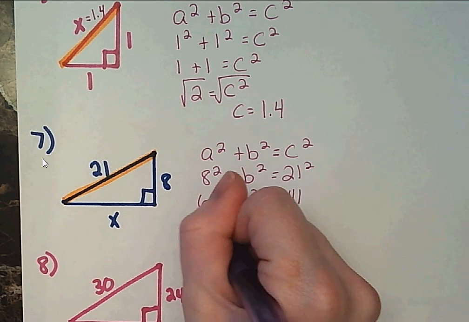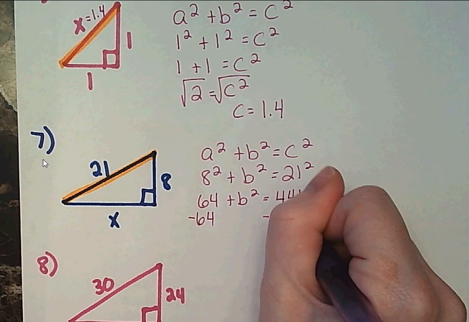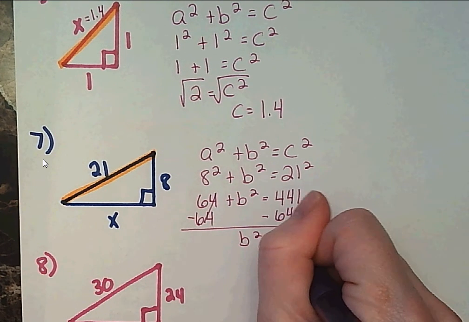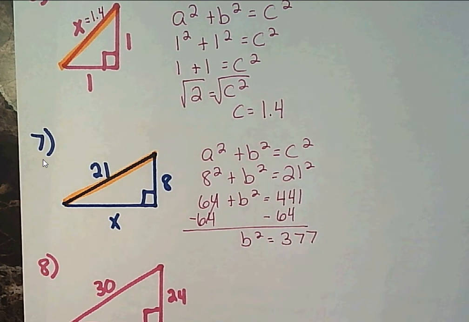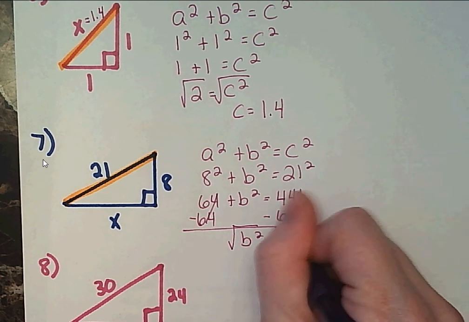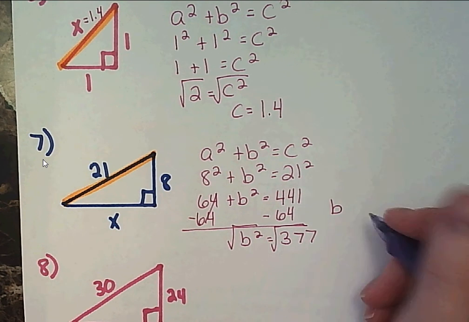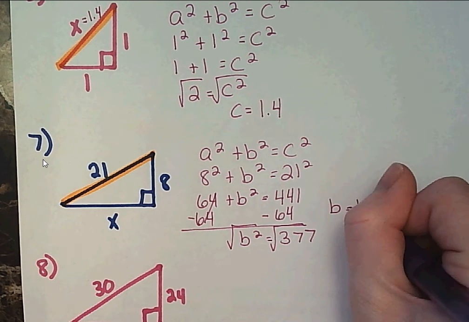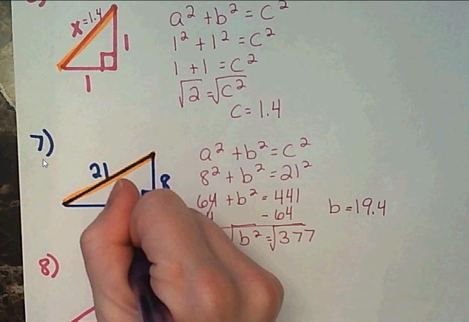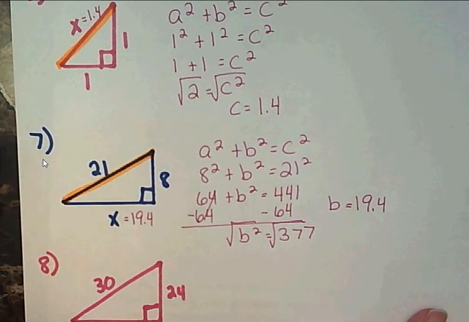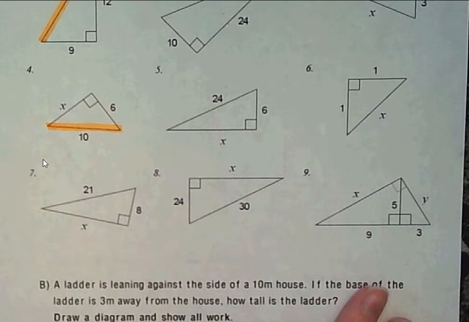So we subtract that 64, and we get b squared is equal to 377. Once again, we take the square root, and b for number 7 would be 19.4. We're rounding to the nearest tenth.